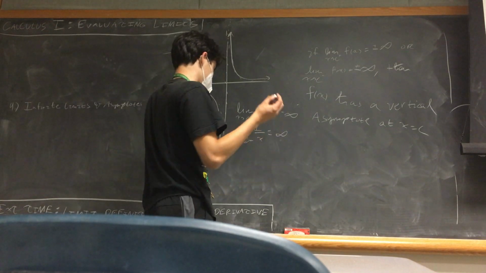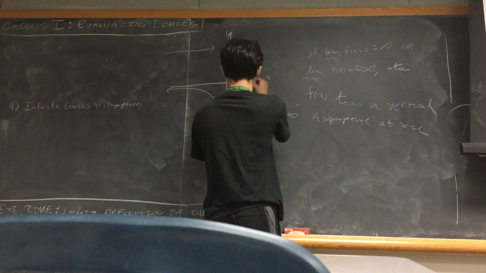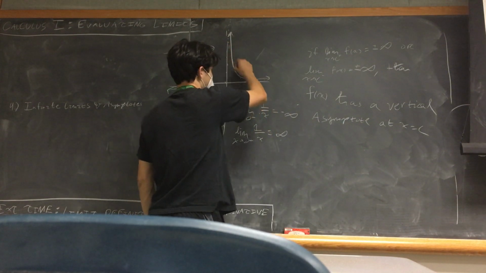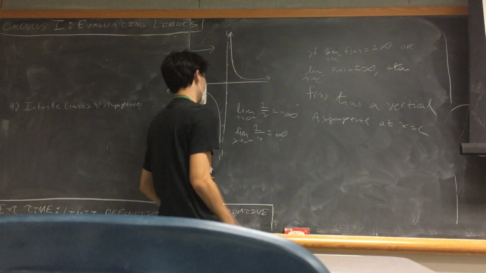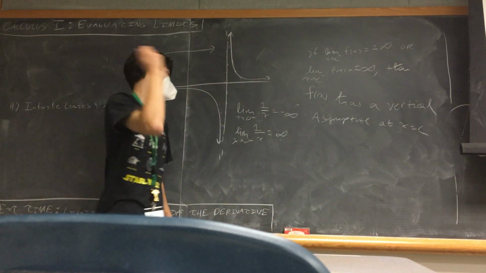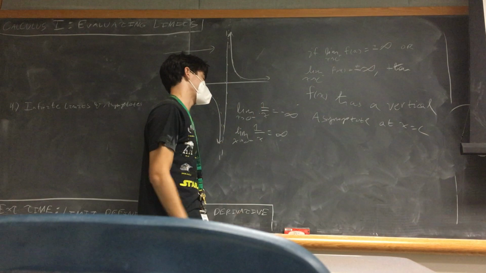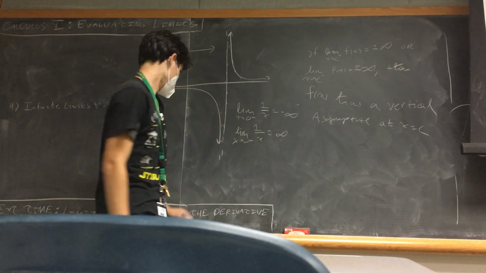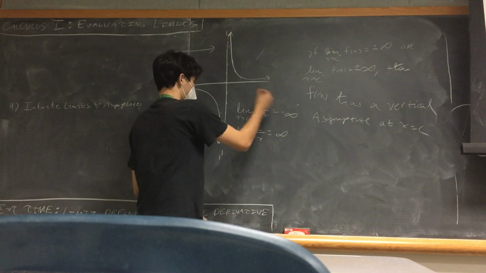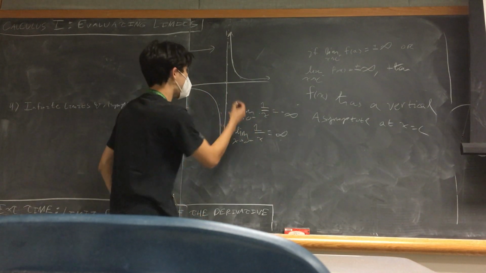Say you look at 1 over x here, and you keep going and going and going to, say, 50,000. 1 over 50,000 is a very, very small number, but it's not 0. In fact, if you look at the behavior of this function, it will never get to 0.